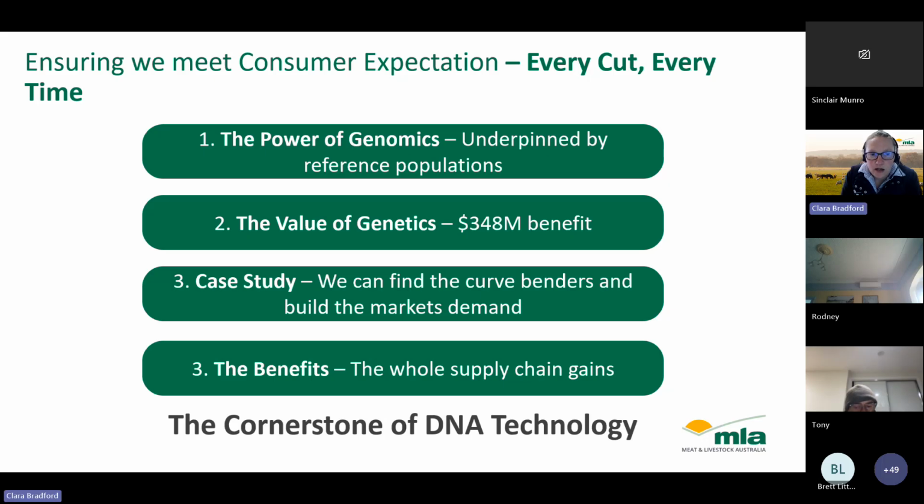And the benefits are really for the whole supply chain gains. So reference populations really are the cornerstone to the delivery of DNA technologies to industry and our ability to ultimately improve genetic progress. So that's a brief overview and recap.